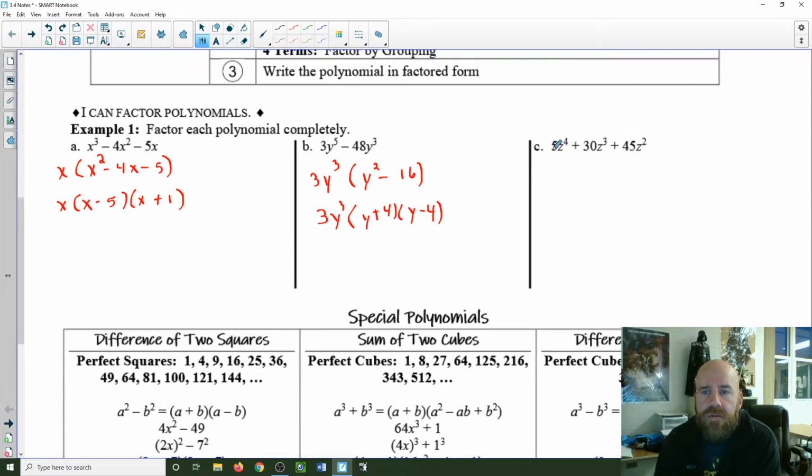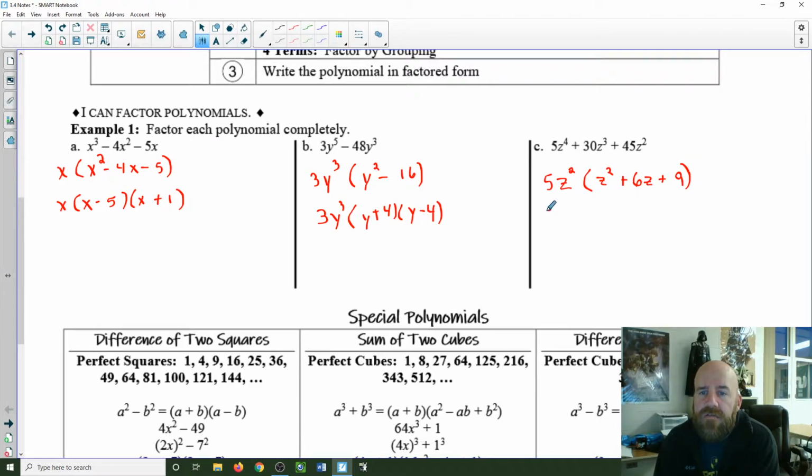For C, we can take a 5 out of all 3 terms. We can also take out a z squared. So 5z squared is the greatest common factor. We're left with z squared plus 6z plus 9.